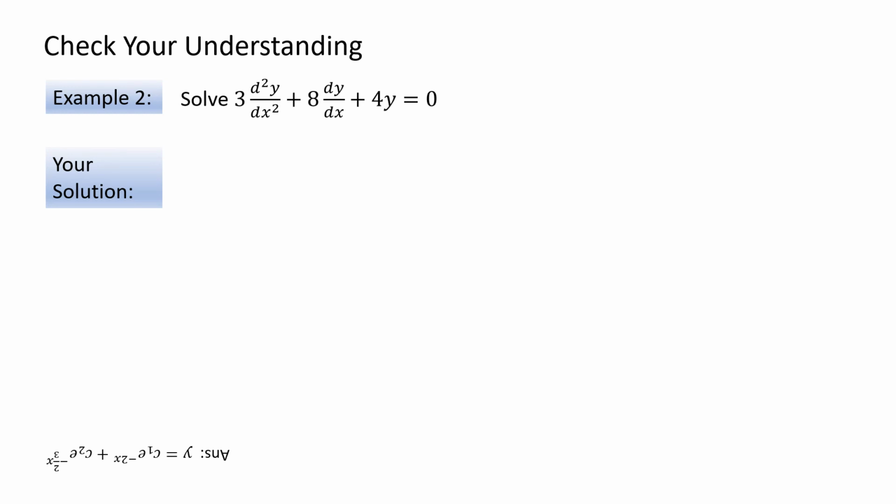So again, remember, for d squared y by dx squared, we substitute in m squared. For dy by dx, we substitute in m. And for y, we simply substitute in 1. So if we do that, we have 3m squared plus 8m plus 4 is equal to 0.